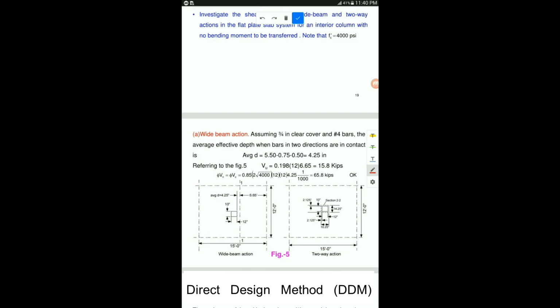Because we had a value of d equal to 4.25 inches, from the face of this column we make the critical section, the one shown here, at a distance of 4.25 inches from the face of this column. You calculate the rest of the dimension here, because the total dimension is 15 feet. You subtract the remaining dimension and you get 6.65 feet.